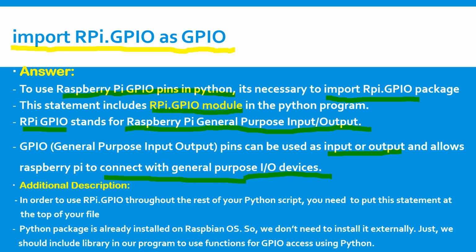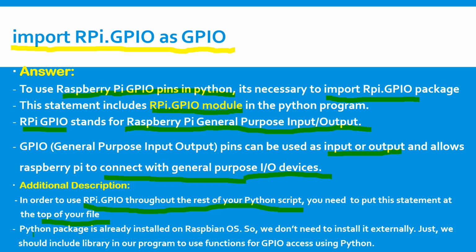In order to use RPi.GPIO throughout the rest of the Python script, you need to put this statement at the top of your file. So when you write a Python script, it is necessary to put this statement, that is import RPi.GPIO as GPIO, at the top of your program.